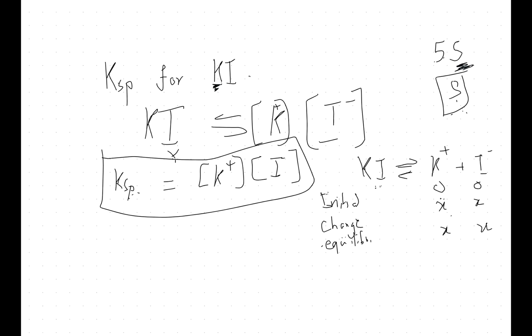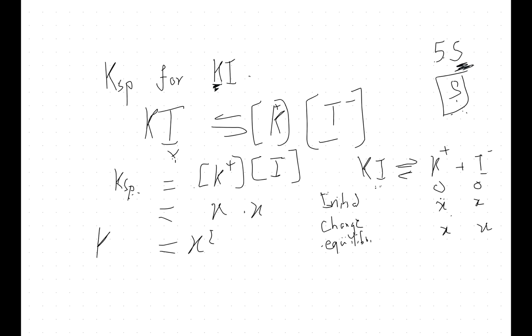I will substitute X here, and X here, so Ksp is equal to X squared. It's very easy. Is it easy or not? This is one of the easiest lessons, solubility product.